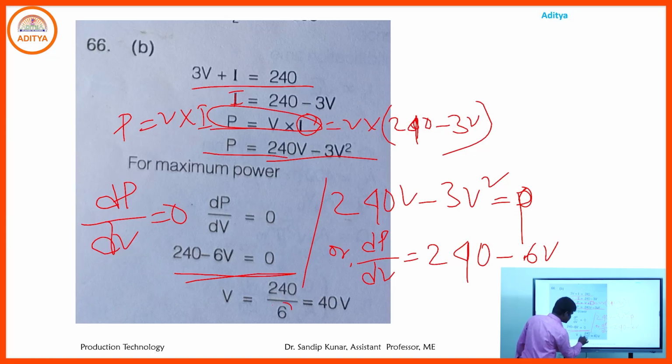Then V equals 240 divided by 6, which equals 40 volt. As per the question, the final voltage is 40 volt.